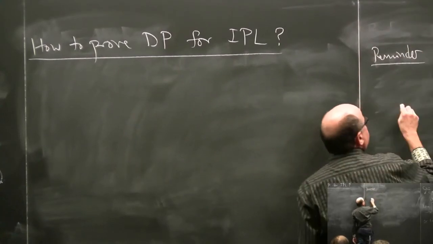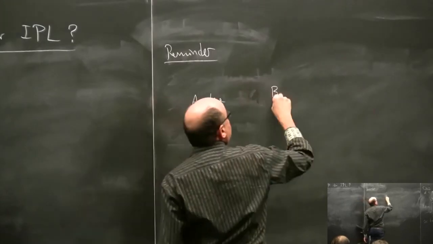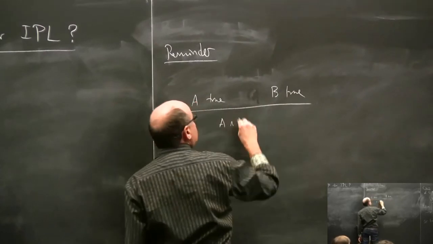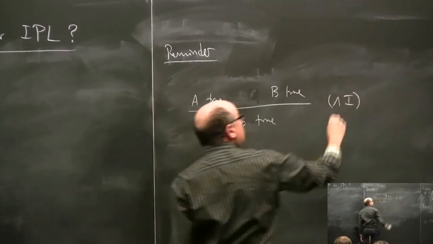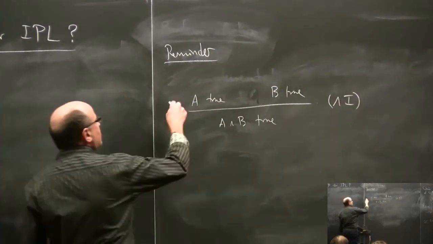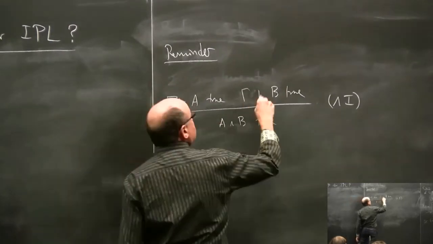When I wrote a rule like this, A true, let me leave a little space. I did make this remark before, but I think it's worth re-remarking it, which I called the conjunction introduction rule. I said what this stands for is all possible instances of it under assumptions.